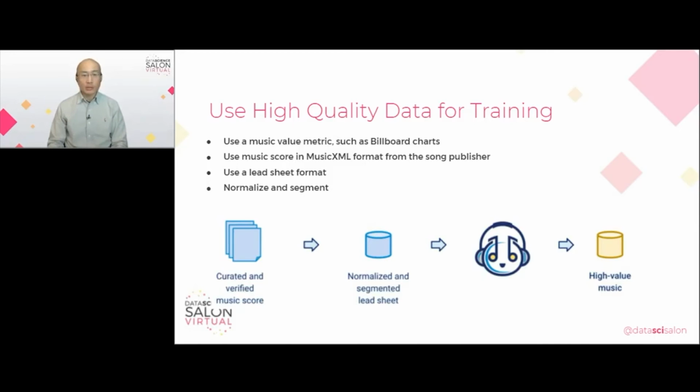And you can try to use the MusicXML format, which is actually very easy for a machine to parse. You would then engineer this data set into a lead sheet format and normalize it and segment it as appropriate. So using this high quality data to train our AI, we'll have a better chance of creating high value music.